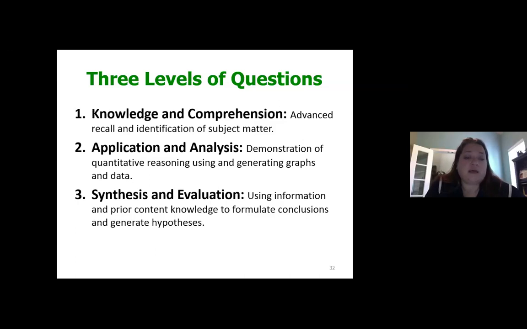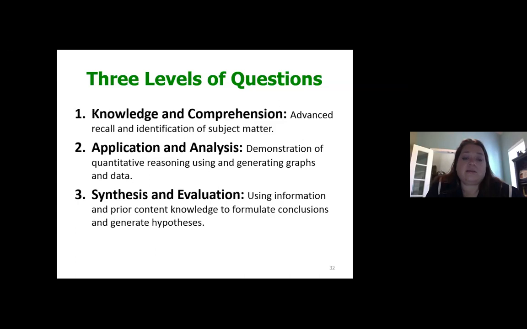The bulk of the test will be from levels 1 and 2. I have it broken down as 75% from levels 1 and 2 and 25% from level 3, which is synthesis and evaluation, which is using a lot more information and prior knowledge in order to come to conclusions or even generate hypotheses from what's happening. I like to say that 25% of the test, which is 5 questions, is coming from level 3.